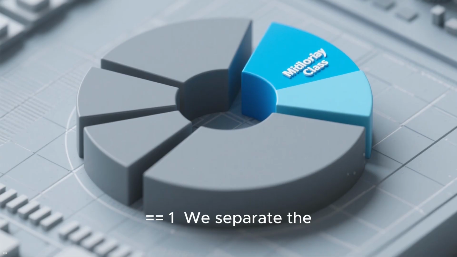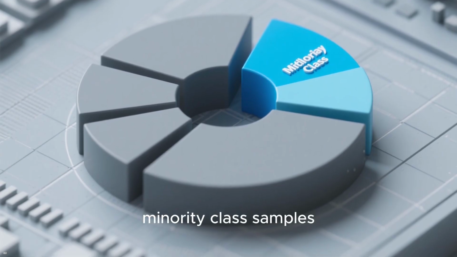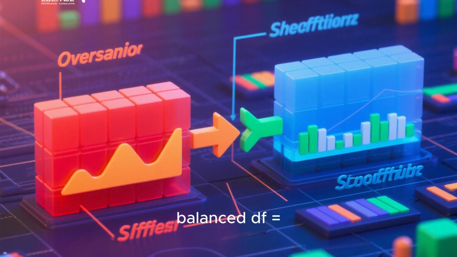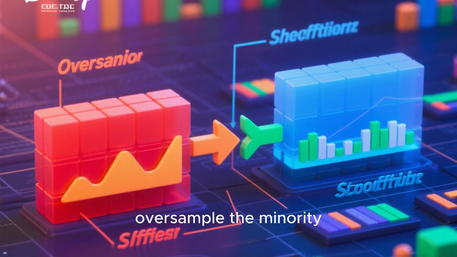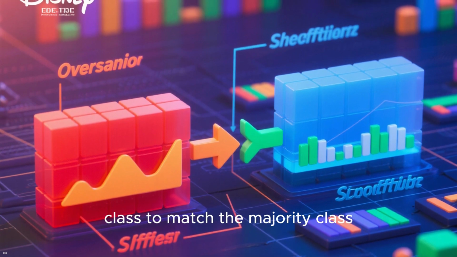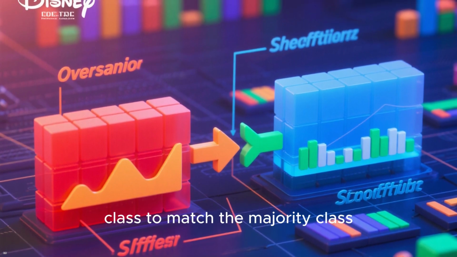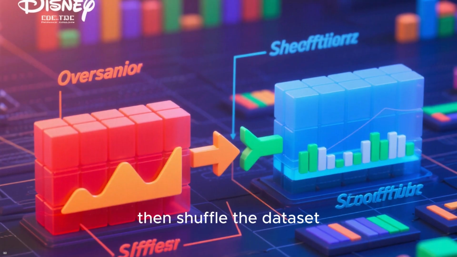We separate the minority class samples. balanced_df = pd.concat(...). We oversample the minority class to match the majority class, then shuffle the dataset.